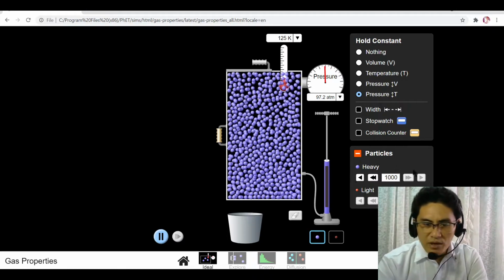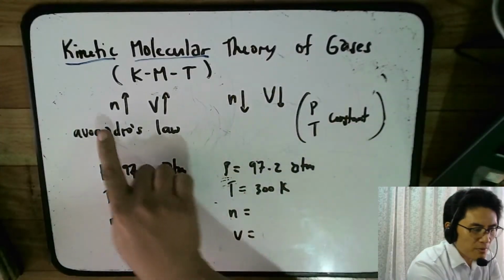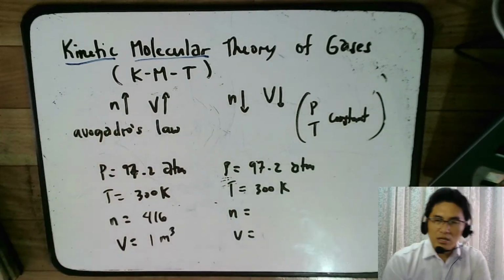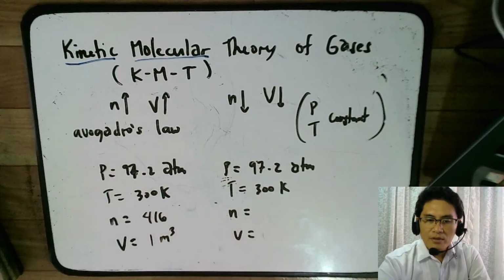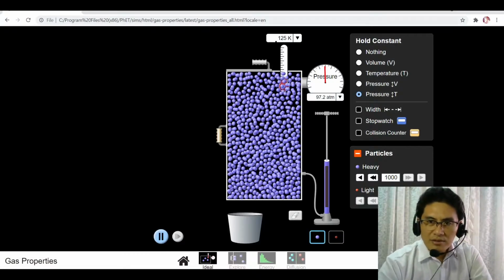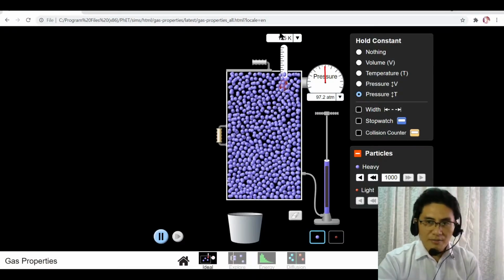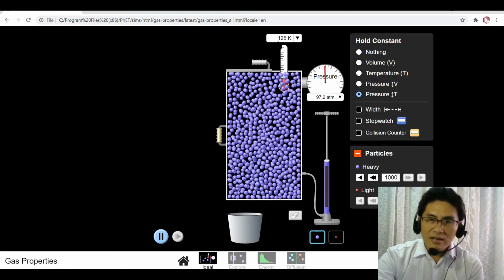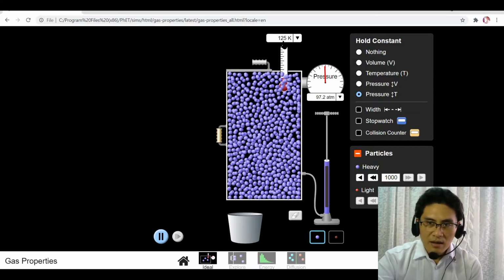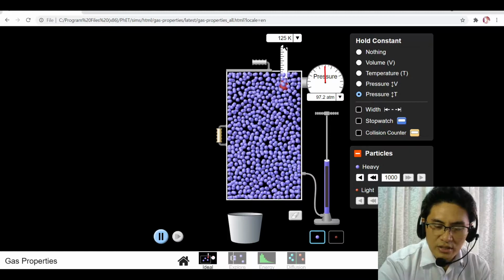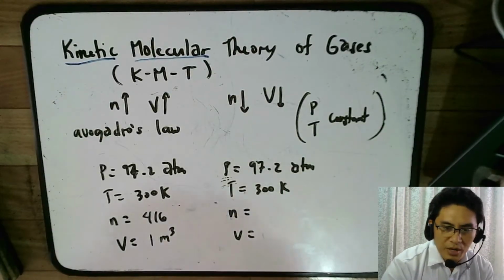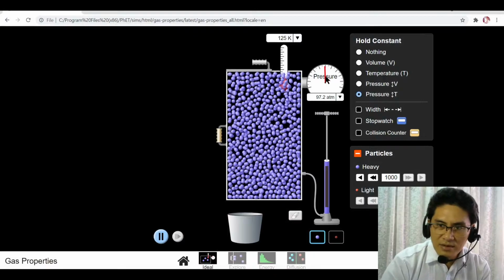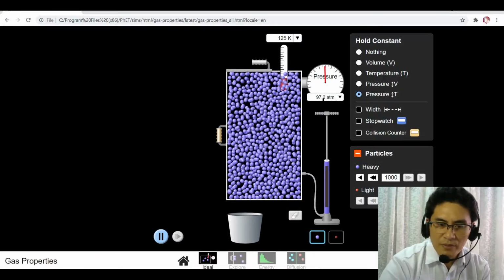You increased the number of particles, but the volume did not change. Well, that's because I was not able to keep the temperature constant. You see here, the temperature is 100 Kelvin. If you remember, our original temperature was 300 Kelvin. Now the pressure is still the same, 97.2.